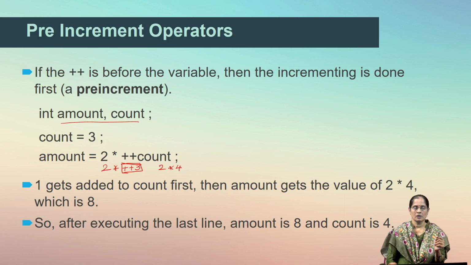Hence, we can see the results as the amount value being 8 and the count value being 4 after the execution. Even though the increment operator does the same process of incrementing the value of the variable by 1, based on the position where it is placed, the output values will be different.